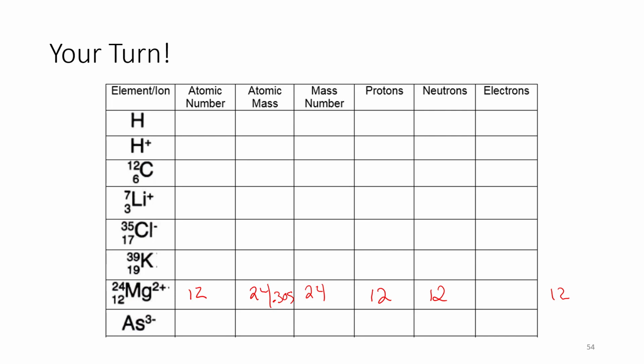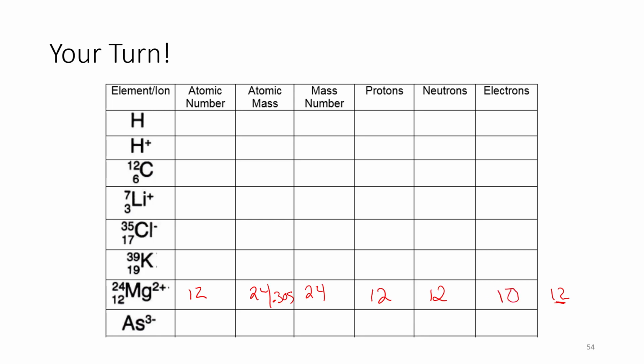If magnesium usually has 12 electrons, but this magnesium has 2 plus, it means that it became more positive by 2. In other words, it lost 2 of those negatively charged electrons. So the electrons is not going to be equal to 12. It's actually going to be equal to 12 minus 2, because it's losing those electrons to become more positive by 2. So the number of electrons here is 10.